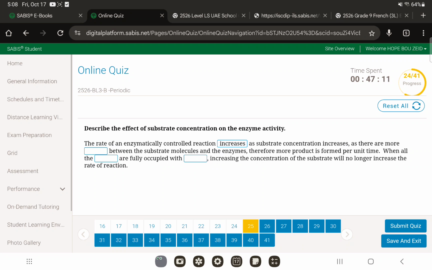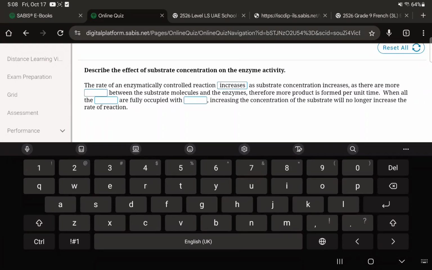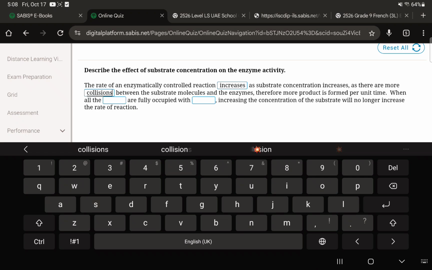As there are more collisions, sorry about the background noise if you can hear it, between the substrate molecules and the enzymes, therefore more product is formed per unit time.